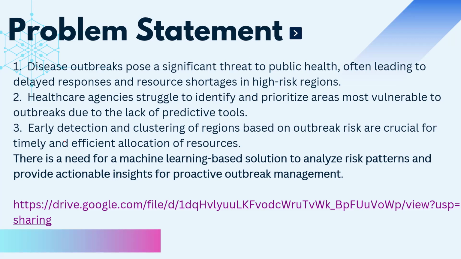So here, first is to identify your problem and the aim of your model. That is the first stage. Here, I have a problem statement: if any viral outbreak happens, the government and healthcare agencies should be able to predict the high risk areas, so that they can allocate resources or respond accordingly, make policies and rules, or start a vaccination drive in high risk areas first.